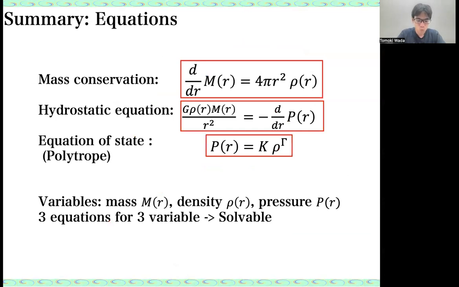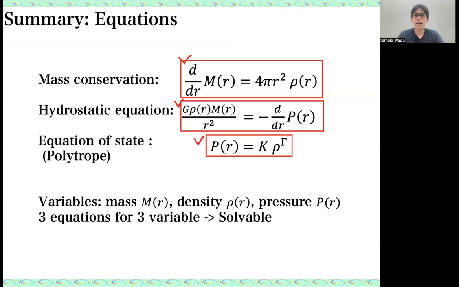Okay, now we have three equations for three variables: mass conservation, the hydrostatic equation, and the equation of state. There are three variables and three equations, so we can solve this system.